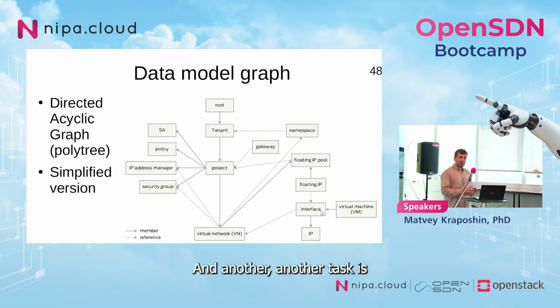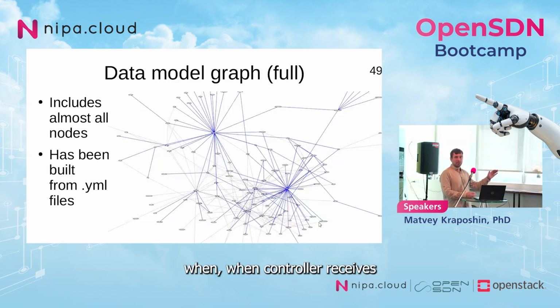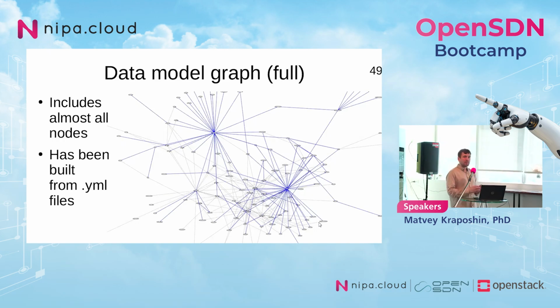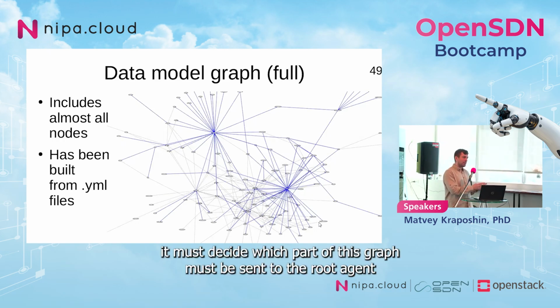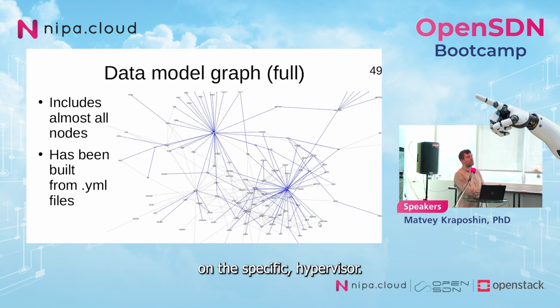And another task is creation of graph cuts. When the controller receives this full graph from config, it must decide which part of this graph must be sent to the vRouter agent on a specific hypervisor.